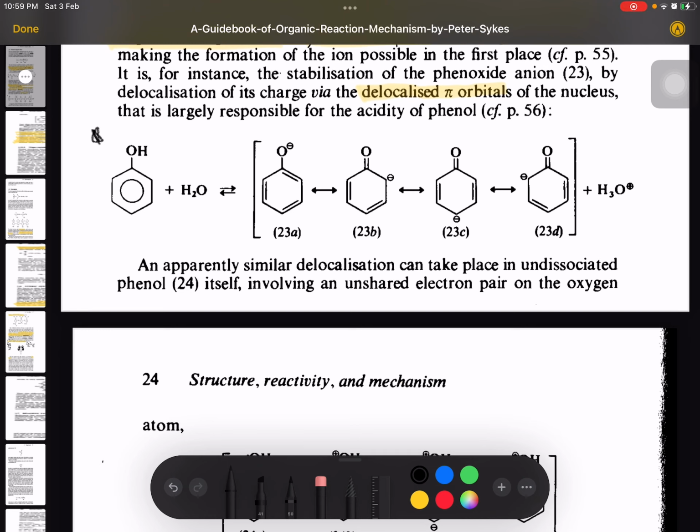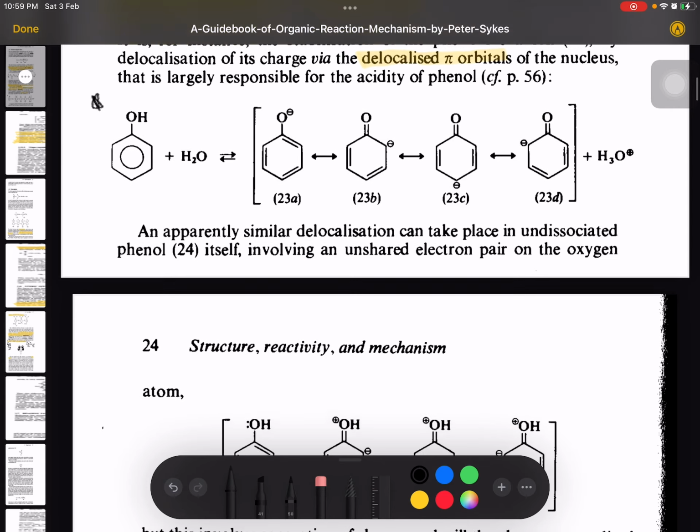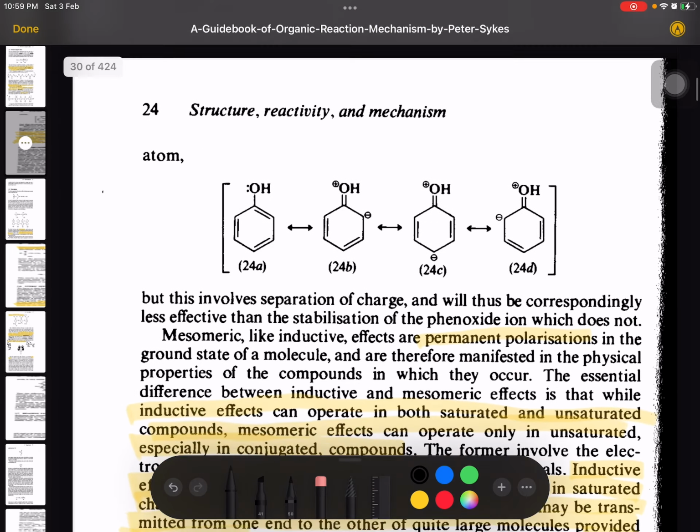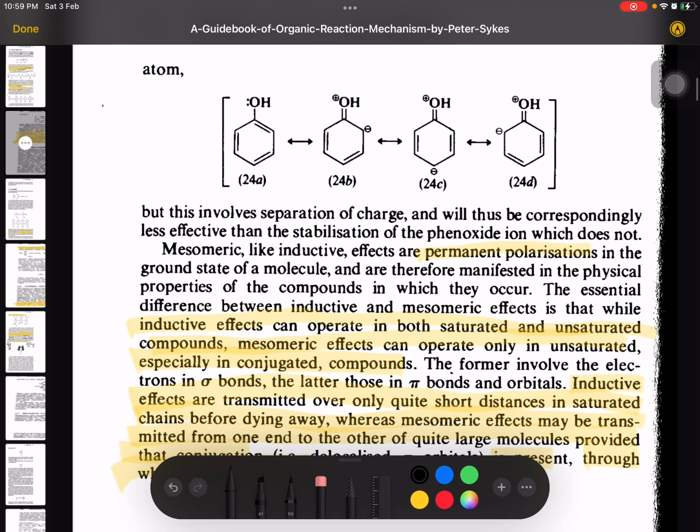See, I told you, right? When you dissolve it, the H goes, so you get a minus there, and it'll go to the ortho and para positions. So the charge will be correspondingly less affected in the stabilization of the phenoxide ion.